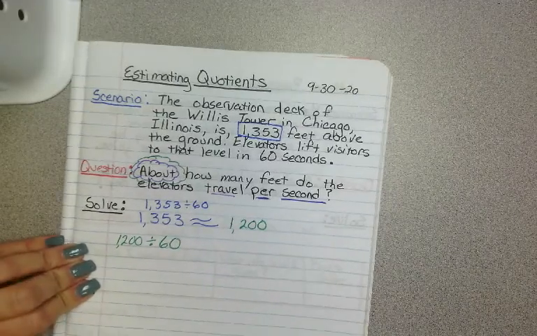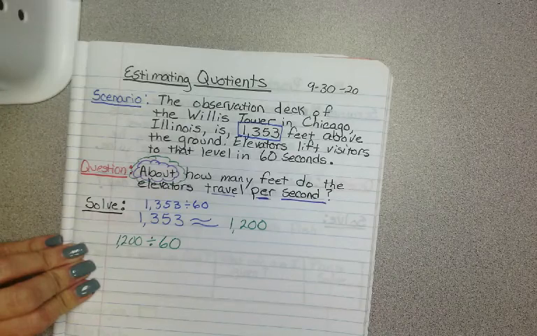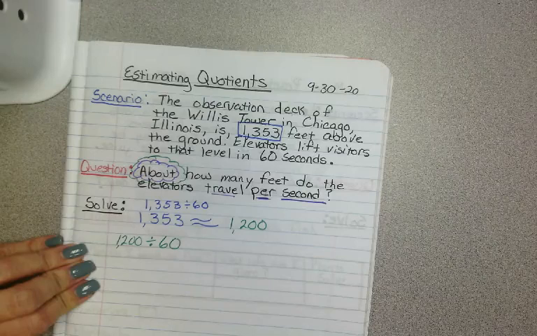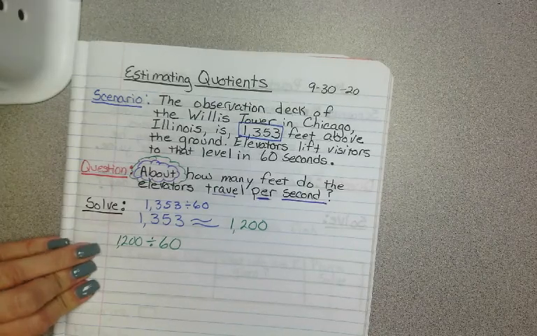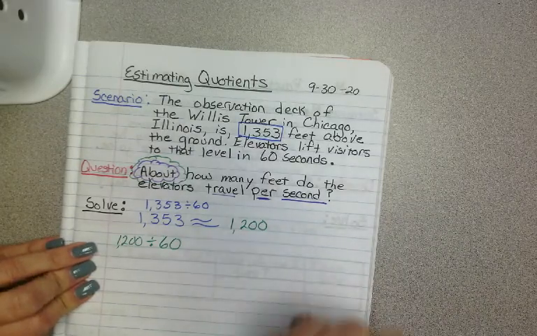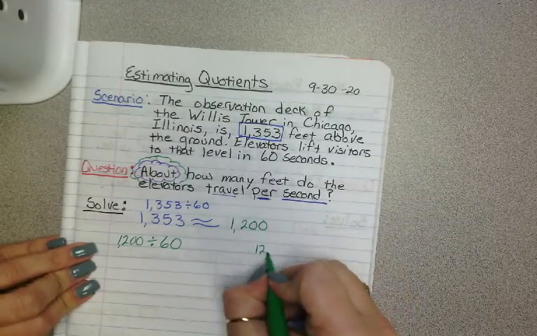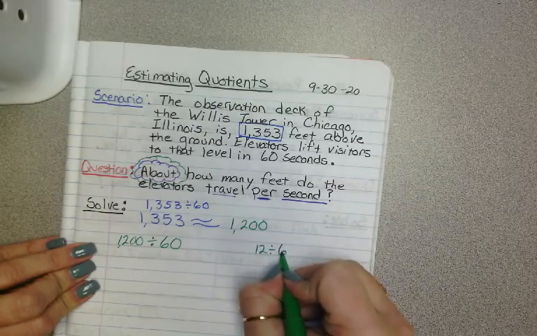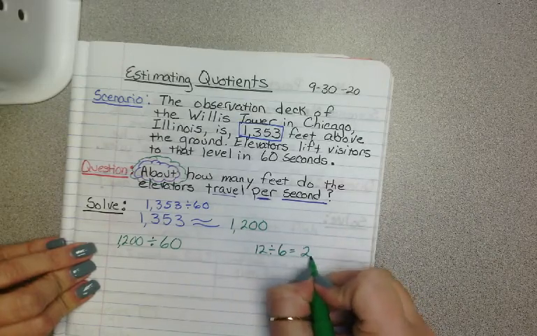Here's the beautiful part, guys. I don't even have to set this up as a division problem in the division bracket. Okay? I can use what I know. I already know some basic facts, okay? I already know that 12 divided by 6 equals 2.